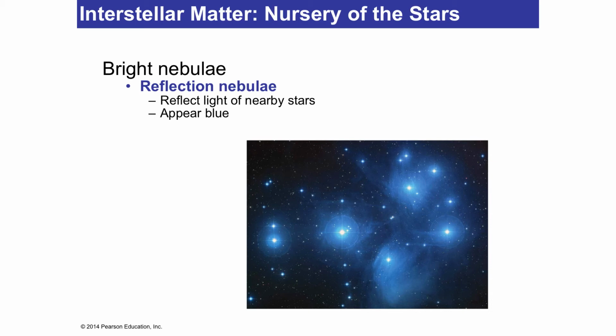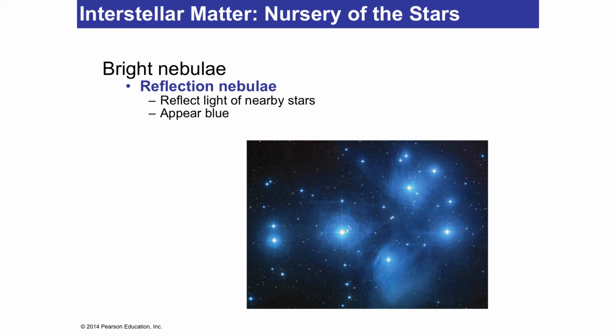It actually acts like a movie screen. Any light in the neighborhood can bounce off of that smoke and then come back at you. And that's what's happening with a reflection nebula. It's appearing blue, but really it's just reflecting the blue light of nearby hot stars. So that's another bright nebula.